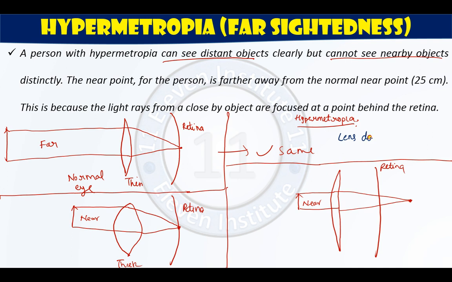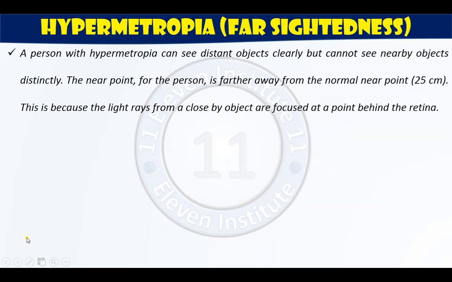But the lens does not become thick as per requirement. It remains thin only, due to which the image is formed behind the retina, and we do not get a clear image over here, and hence we have blurred vision. I hope this is quite clear to you. Fine. Let us now understand with the help of an example.